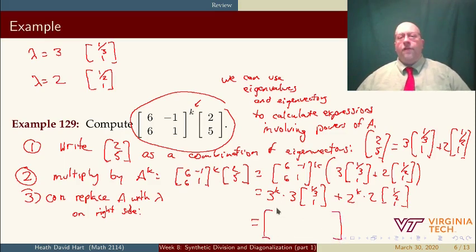And this is now just calculating all this out. 3 to the k, 3 and 1/3 cancel, so I just get 3 to the k. 3 to the k times 3 times 1 is 3 to the k plus 1, plus 2 times 1/2 cancel, but I still have 2 to the k, and 2 to the k times 2 times 1 is 2 to the k plus 1. And so this expression and this expression are equal.